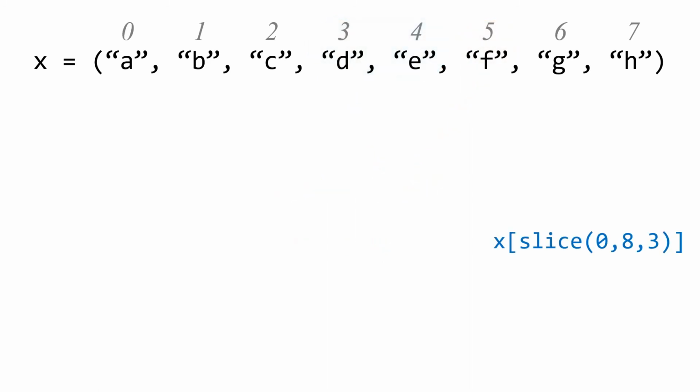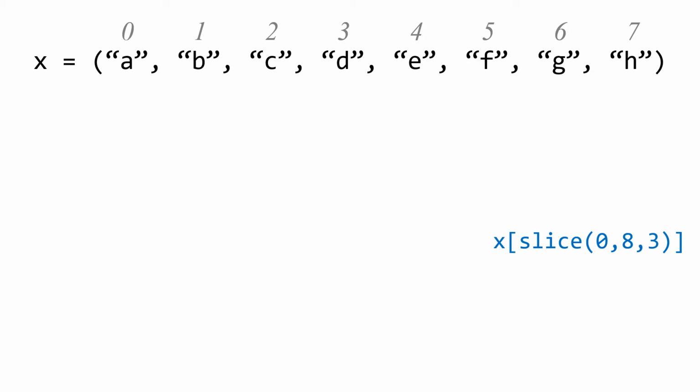Now let's look at an example with 3 values. So as we saw, the slice function has 3 parameters. So in an instruction, if we give 3 integer values, those 3 integer values will be assigned for the 3 parameters start, end and then step.